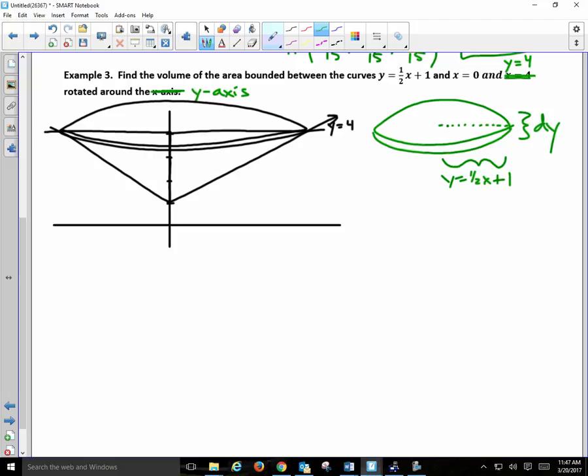So I'm going to subtract the 1. y minus 1 is equal to 1/2 x. I'll multiply by 2. 2y minus 2 is equal to x. So sometimes people struggle with that, and they're like, well, does that really work? Well, just pick a point. What is this y value right there?